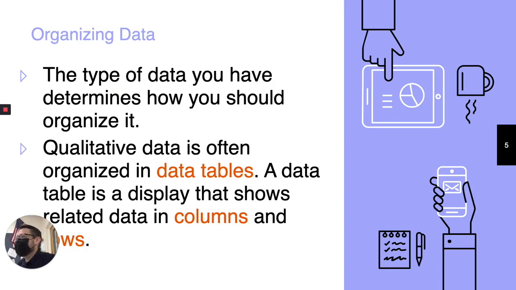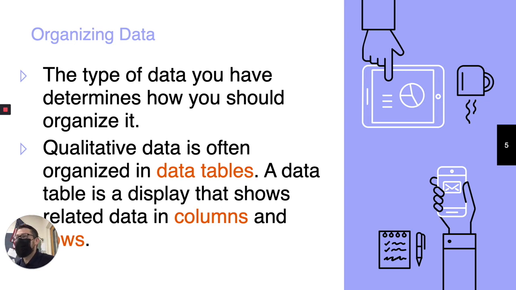Now, once you've collected your data, it becomes important to try to organize that data. So regardless of what kind of data you have, you want to be able to organize it in a way that makes it easy to interpret. Because during the procedure of the experiment, you may not necessarily be thinking of, what does this data mean for me? You might just be involved in making sure that the experiment is going on properly, and you're just writing down the information as it comes at you.